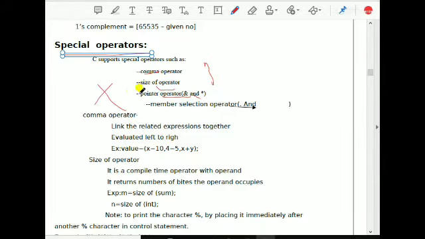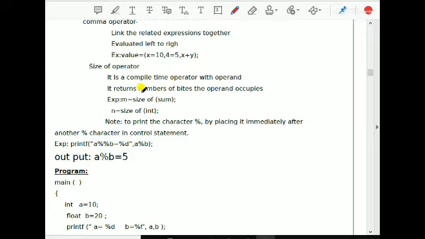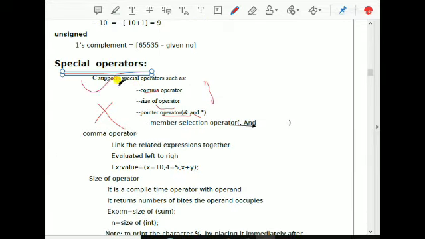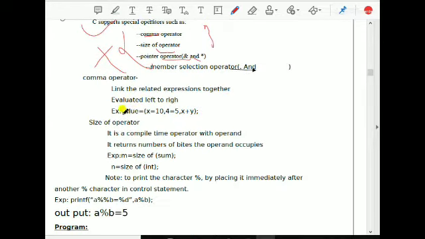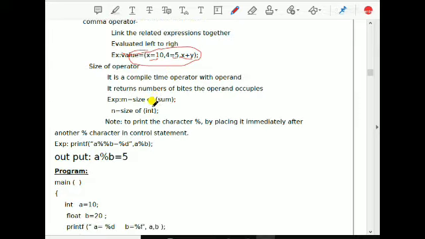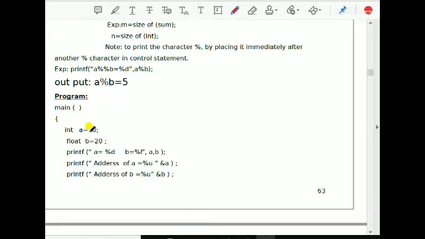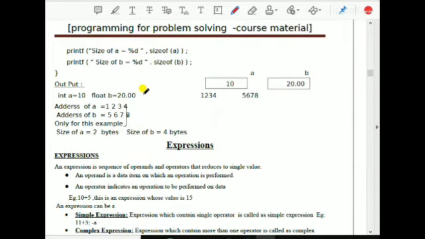I think this will not be asked in the exam, but anyhow, if they ask, then write these three and explain this example. See, x is equal to 10, y is equal to 4, x plus y. Comma is also called a special operator, percentage is also a special operator. That is all special operators.